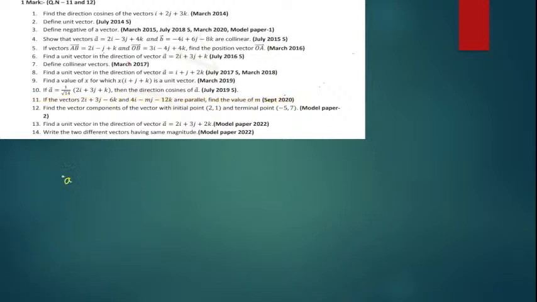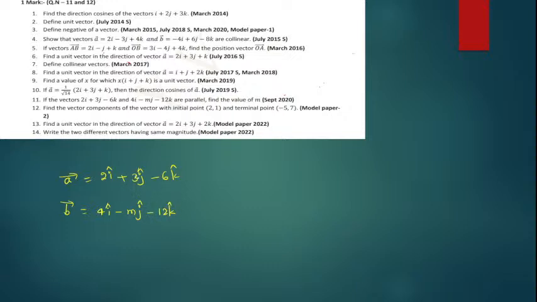Let us consider the given vector A is 2i cap plus 3j cap minus 6k cap, and vector B is given as 4i cap minus m times j cap minus 12 times k cap.